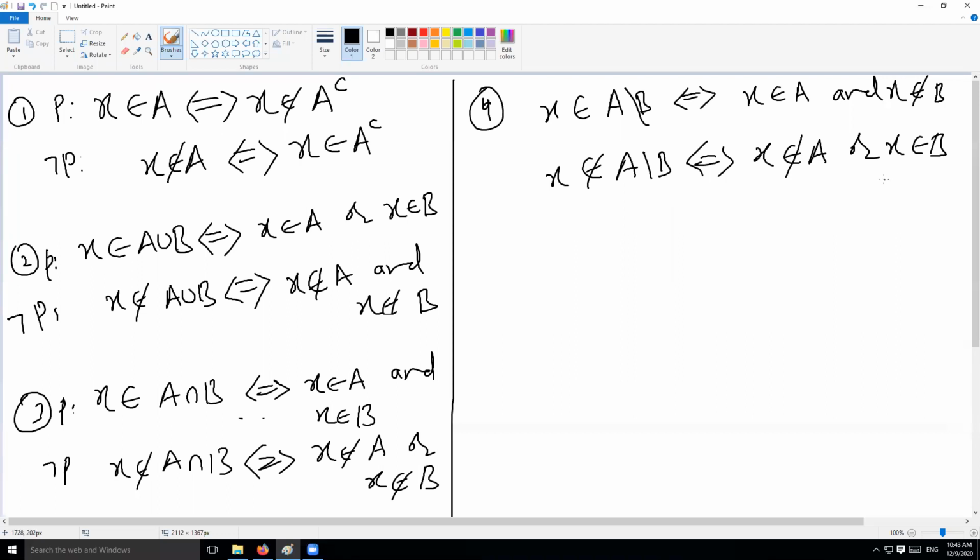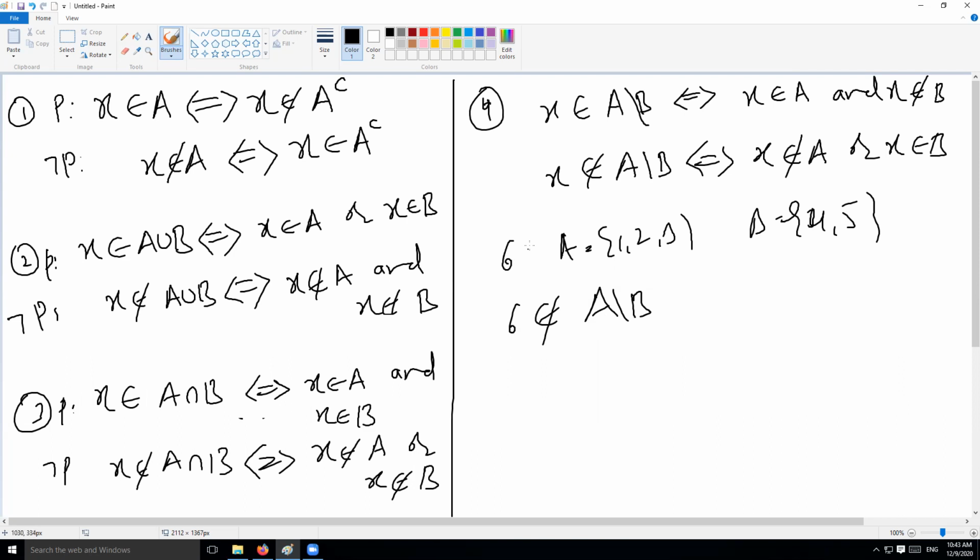So if you have an element that is in B, that element is also not going to come in A minus B. In other words, if you have A as 1, 2, 3, and B as say 3, 4, 5, then in A minus B, 6 would not come. So 6 does not belong to A minus B. Why?